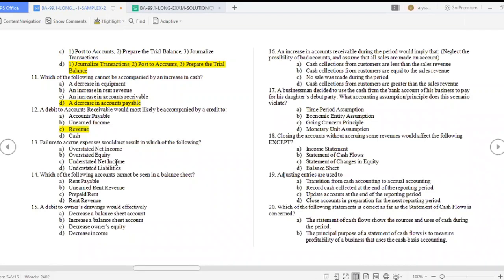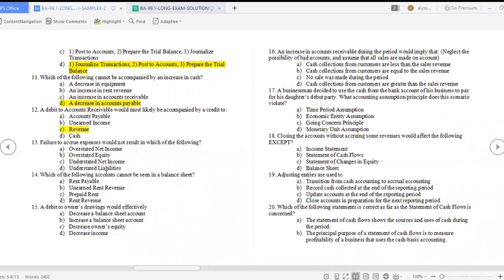Number 13, failure to accrue expenses would not result in which of the following? When you fail to accrue expense, you understate liabilities. So letter D is not the correct answer. Once you understate the liabilities, what happens?